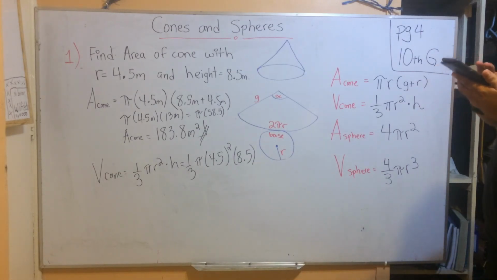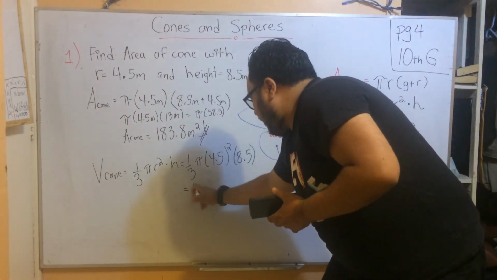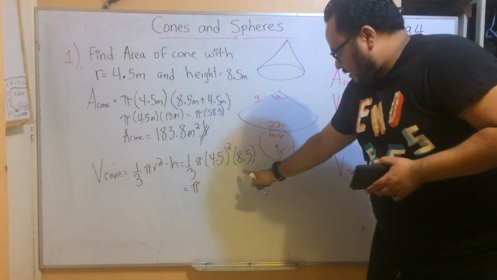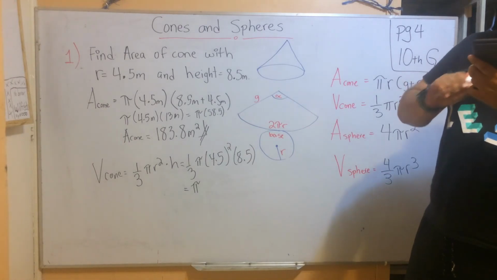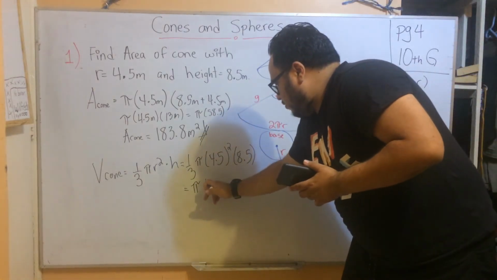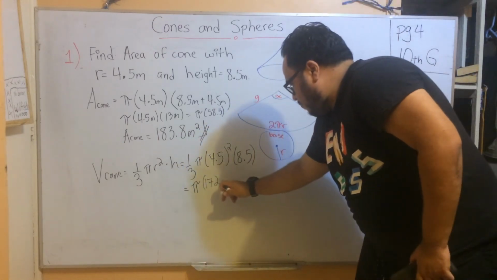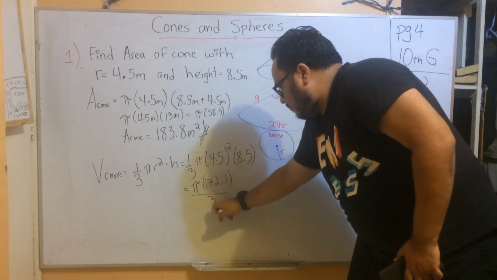4.5 squared is 20.25. So we have pi times 20.25 times 8.5. Let's simplify that. We have 172.1, this is multiplied, all of this divided by 3.